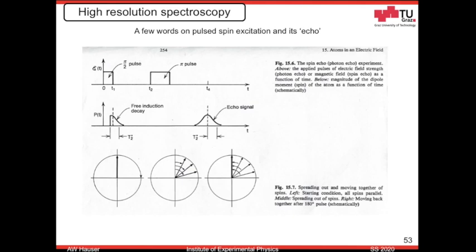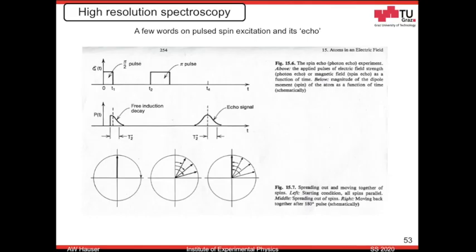We have the z magnetic field, which is our static field, and we have another magnetic field that comes in and gives us this pi half pulse and turns the magnetization from the z-axis into the xy plane.